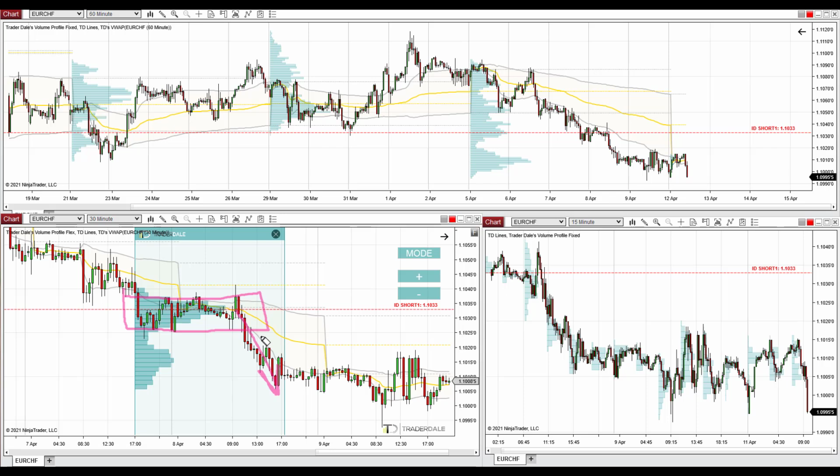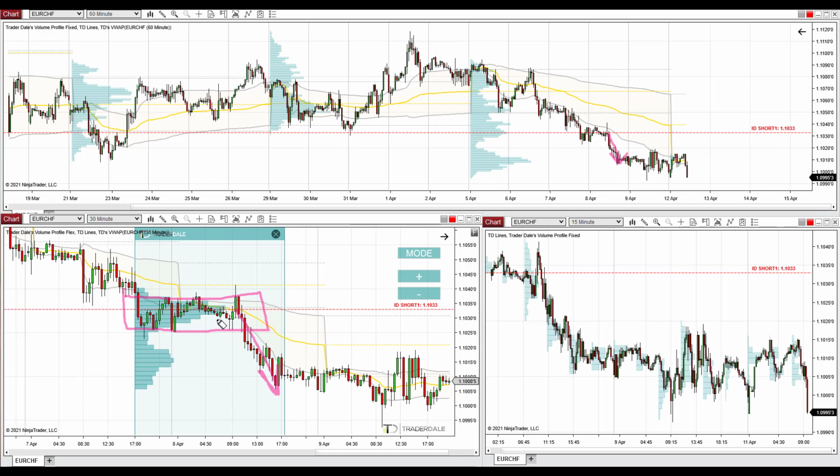Now from Euro Swiss franc you can't expect too aggressive movements because this pair is not that volatile. But compared to the rest of the chart, you'll see that this was a significant activity. Also, it's nicely visible in here on the 60-minute chart.